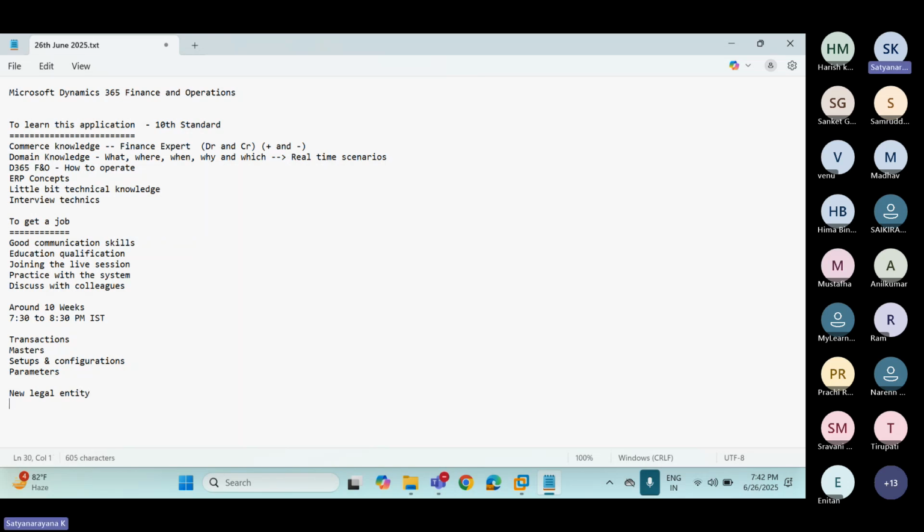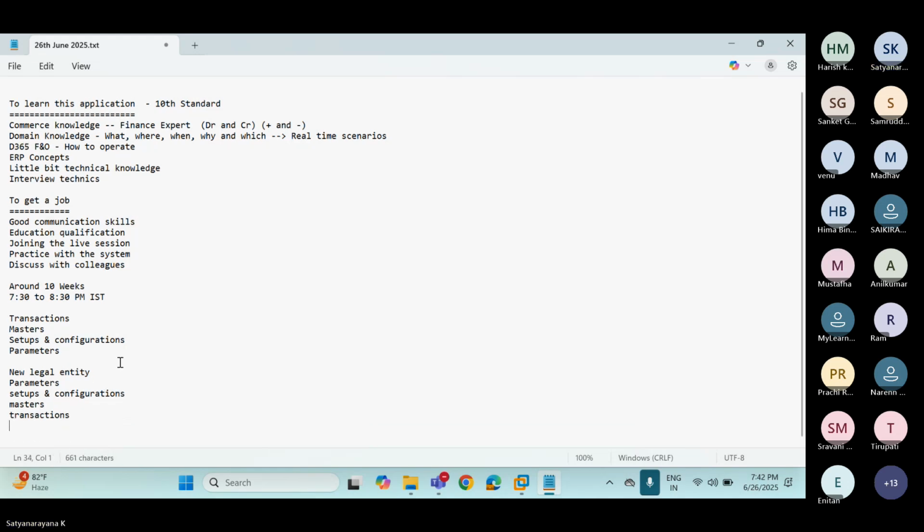Then I will do parameters, setups and configurations, then masters, then transactions. So top to bottom, bottom to top. This is indirectly a sample project implementation you are going to learn.